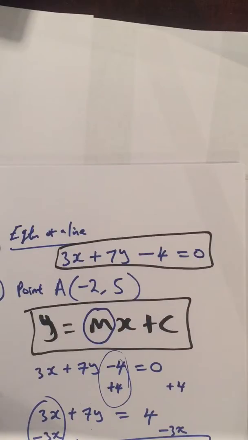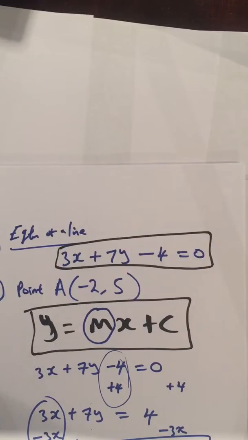Obviously you can't, because you only subtract what was added to get rid of it, or you only add what was subtracted. But in this case, the 7 is not being added to y, and it's not being subtracted from y, it is multiplying y.